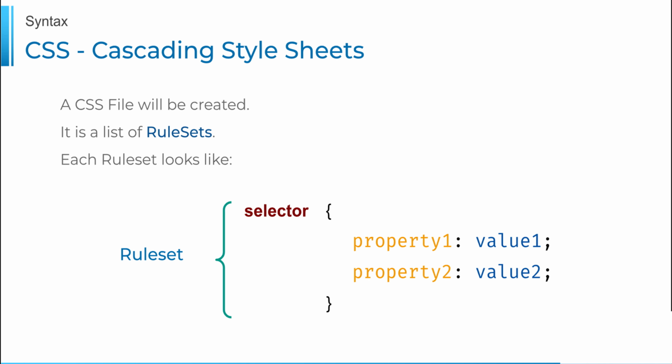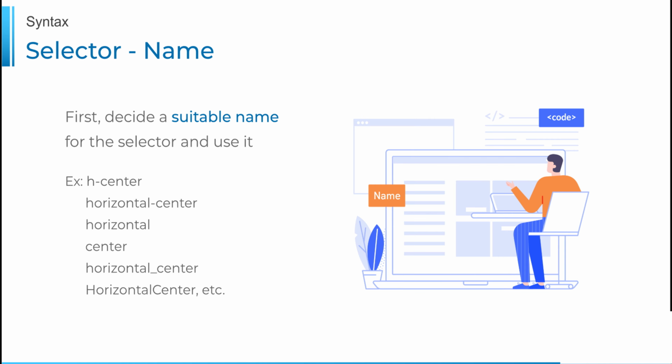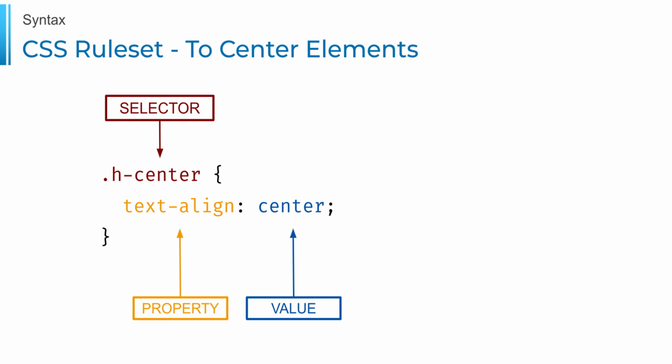Now let's see about the selector. For writing a CSS rule set, firstly we need to decide a suitable name for the selector and then use it. Like we want to bring all of those written elements to the center. So let's take a selector name as h-center, h hyphen center.